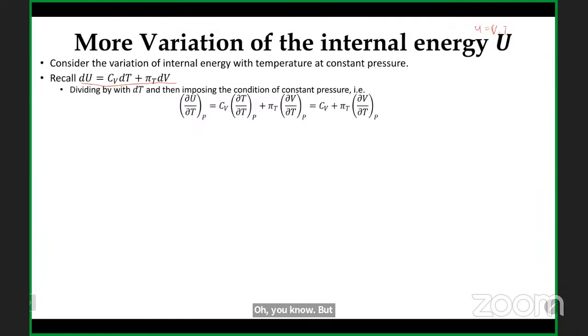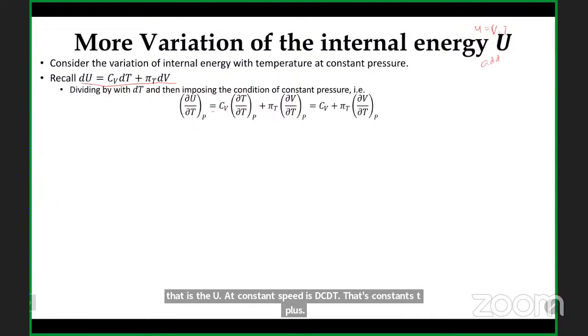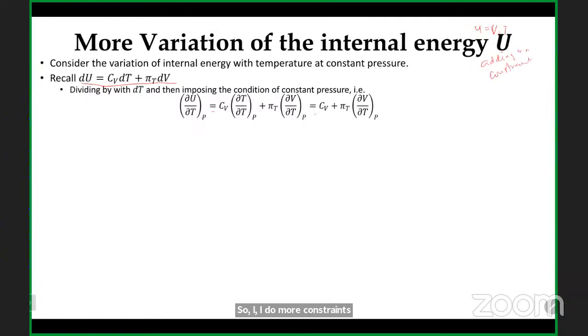So that means dU/dT at constant P is dU/dT at constant V plus pi T dV/dT, adding more constraints. So this is equal to Cv plus pi T dV/dT.